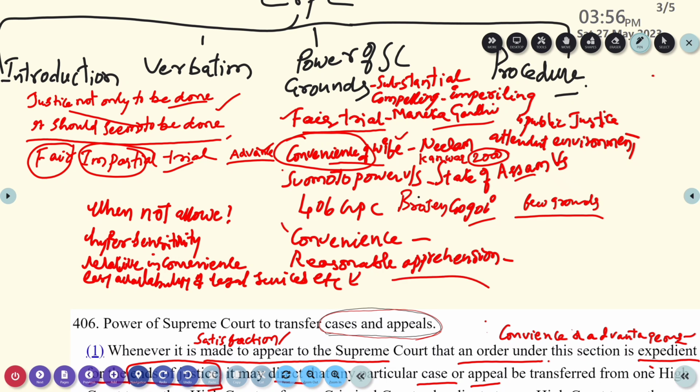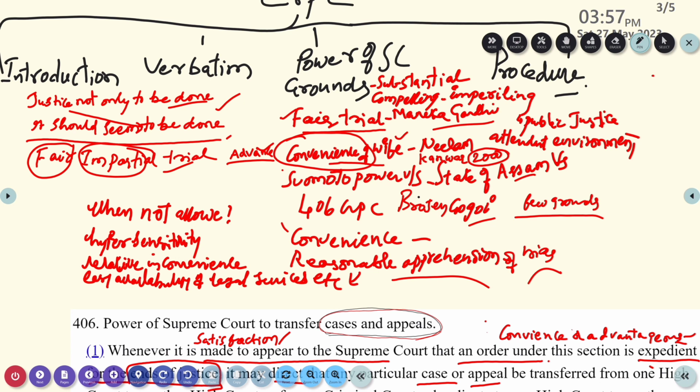Next, reasonable apprehension of bias. This we have to understand. What is reasonable apprehension? And also what is convenience? Convenience also has a detailed meaning. Whether it is the convenience of the witness or the convenience of the petitioner, normally all things have to be taken into consideration.